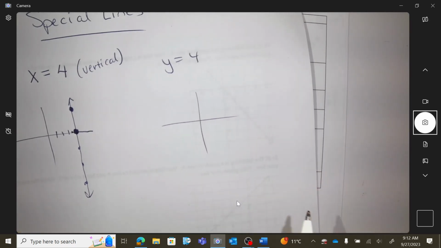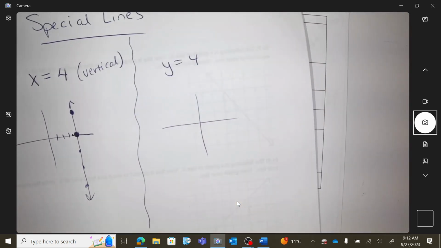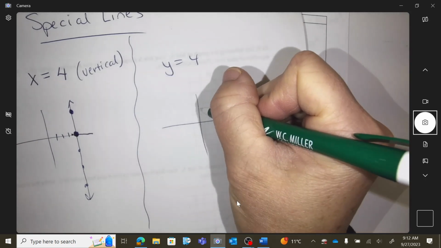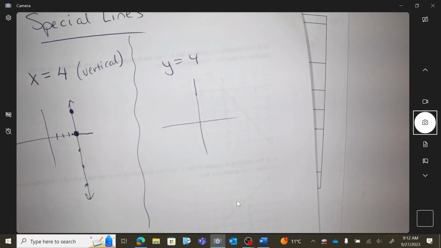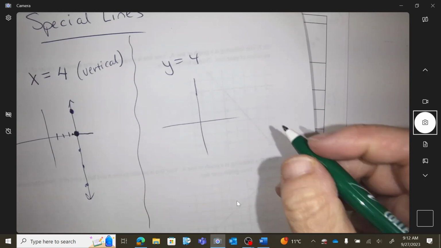Okay, so the same thing, you can maybe predict what would happen with a y only. Draw me a coordinate anywhere that has a height of 4. You just have to have a y value of 4 on it.